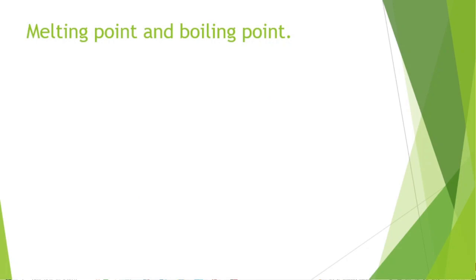Next we are going to talk about the melting point and boiling point. When you talk about the melting point and boiling point, I am going to give very important points here. Listen carefully. Let us keep the boiling point as Bp and your melting point as Mp.